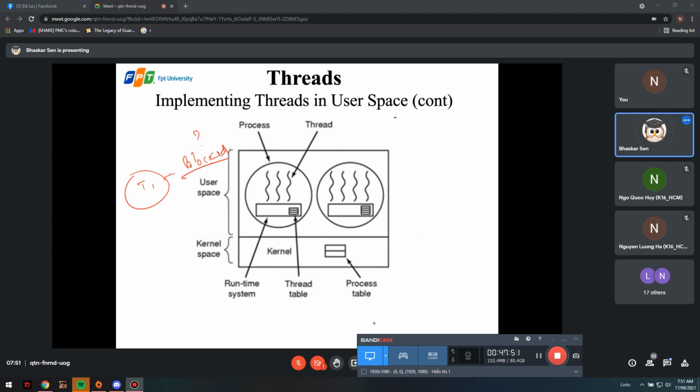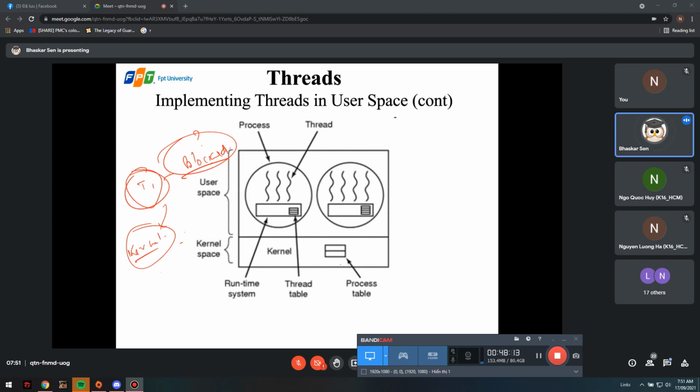But how? This blocking is where you have to involve the kernel, because blocking literally means taking the CPU back, and only the kernel has the power to take the CPU back. So naturally, you have to send a request to the kernel to block thread 1 on the CPU.